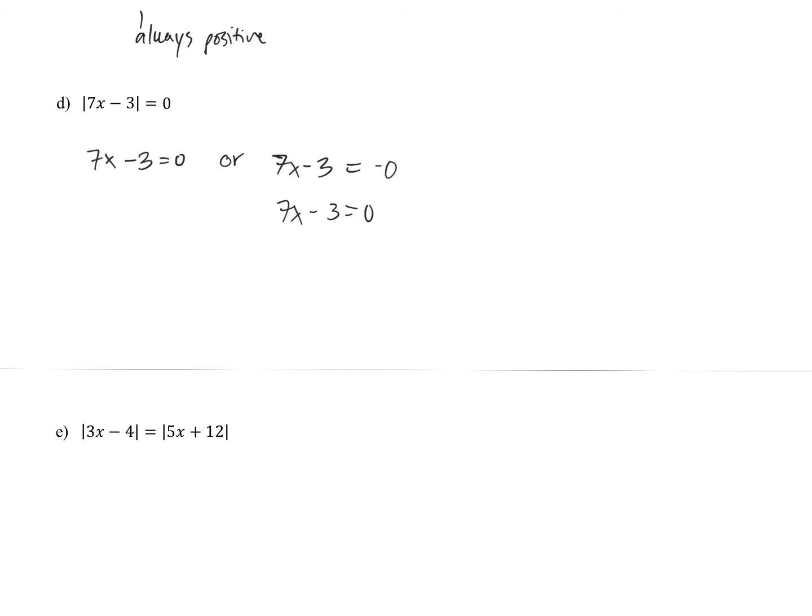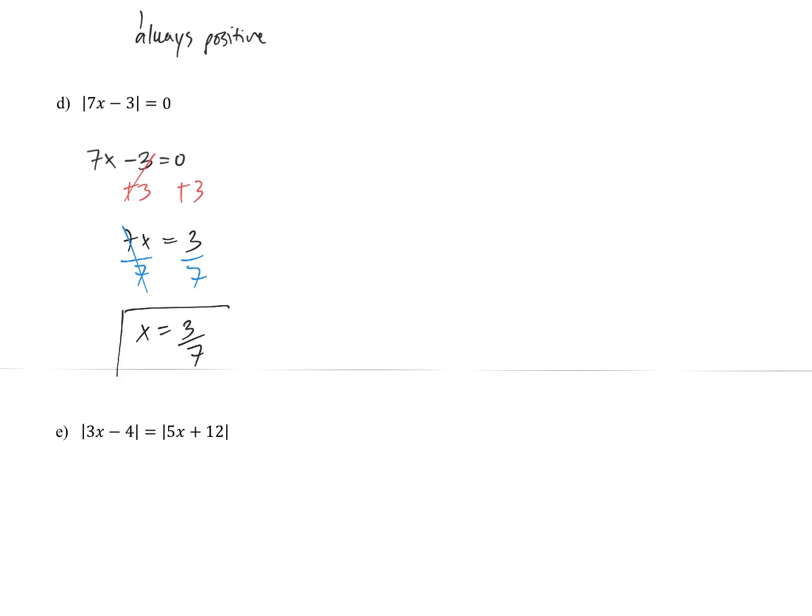So we just have to solve it once, equal to 0, because this is the weird special case of being equal to 0. So solving, we get plus 3, 7x equals 3, and divide by 7 to get rid of that 7 by the x: x equals 3 over 7. And since it's equal to, we don't need an interval, so we do not need to graph because of that equal sign. So no interval notation and no graphing.